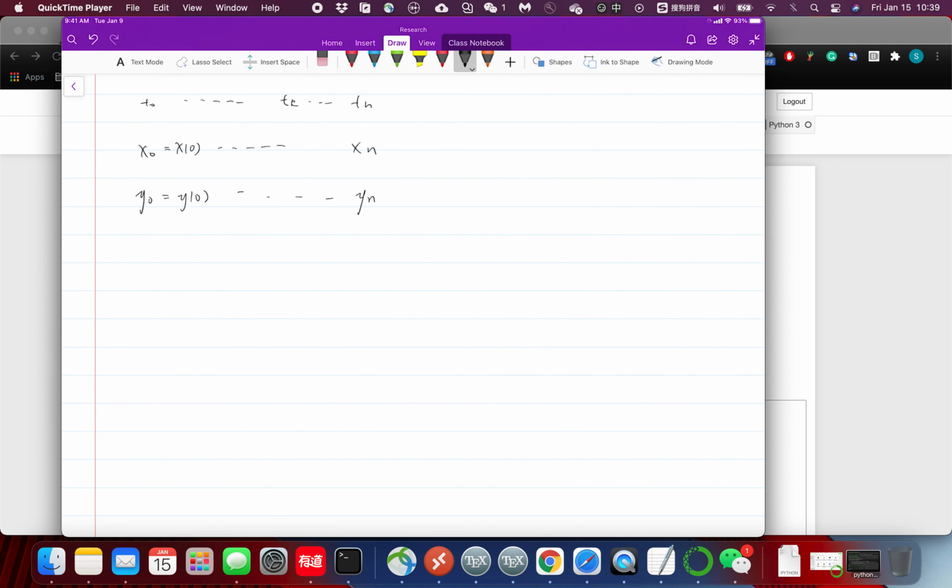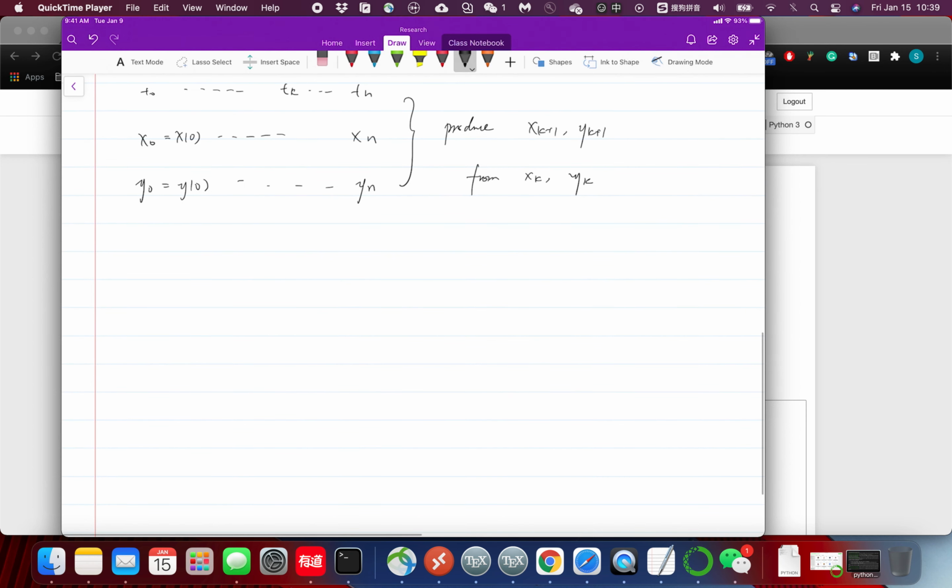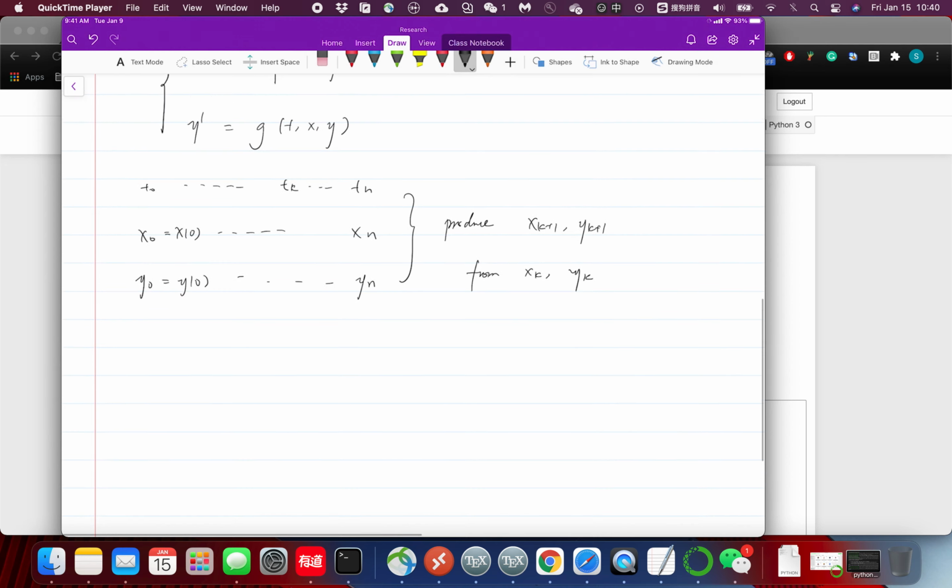Then all we need to do is just produce xk plus 1 and yk plus 1 from xk, yk. Then if you know x0, y0, you can find x1, y1, and because you know x1, y1, you can find x2, y2, and just keep going. And the idea is similar.